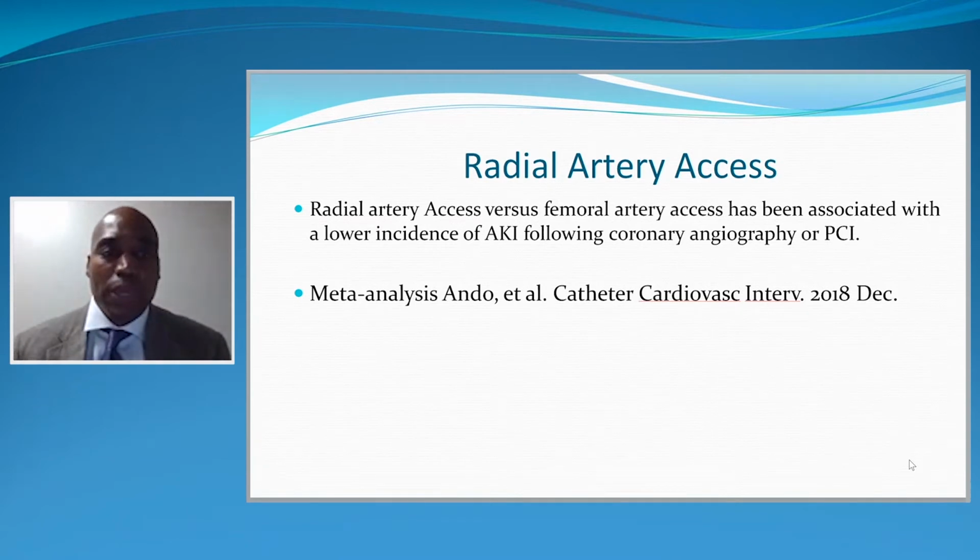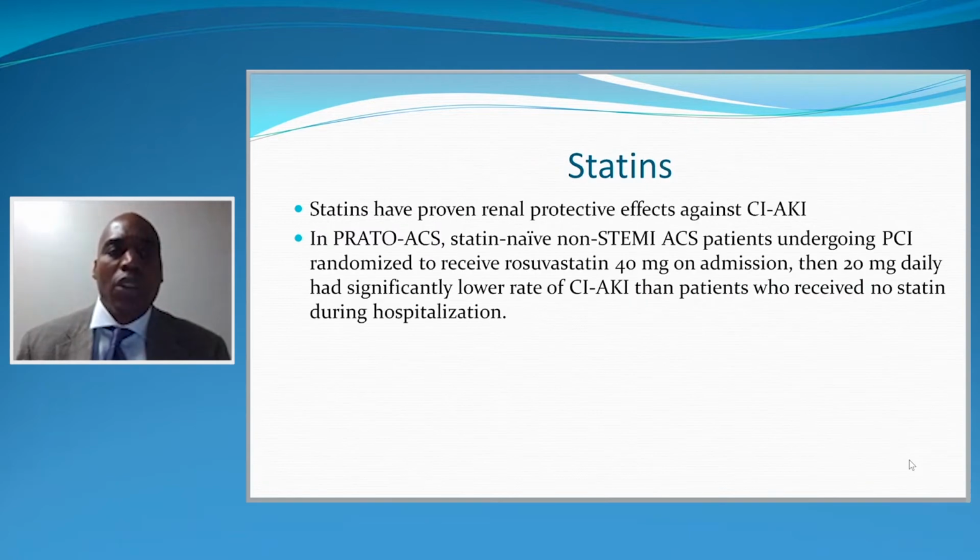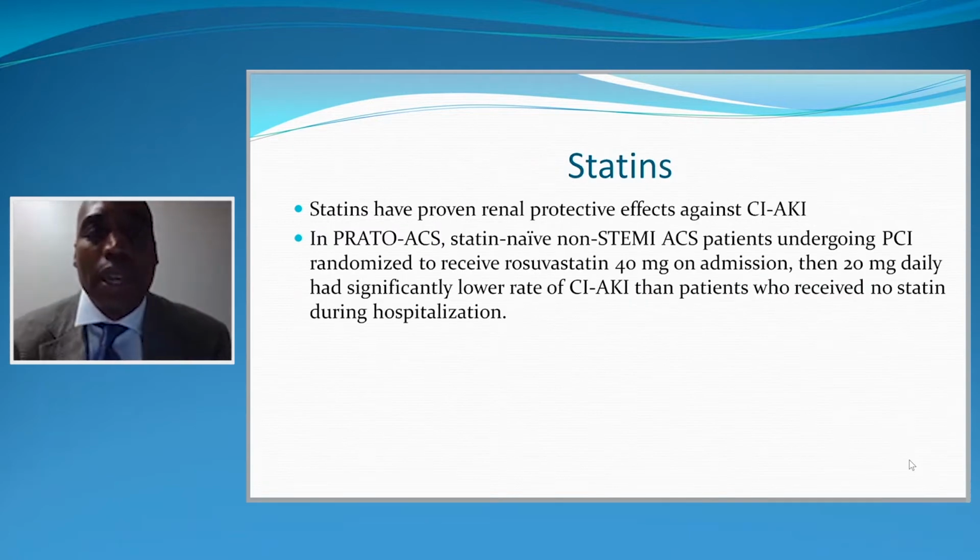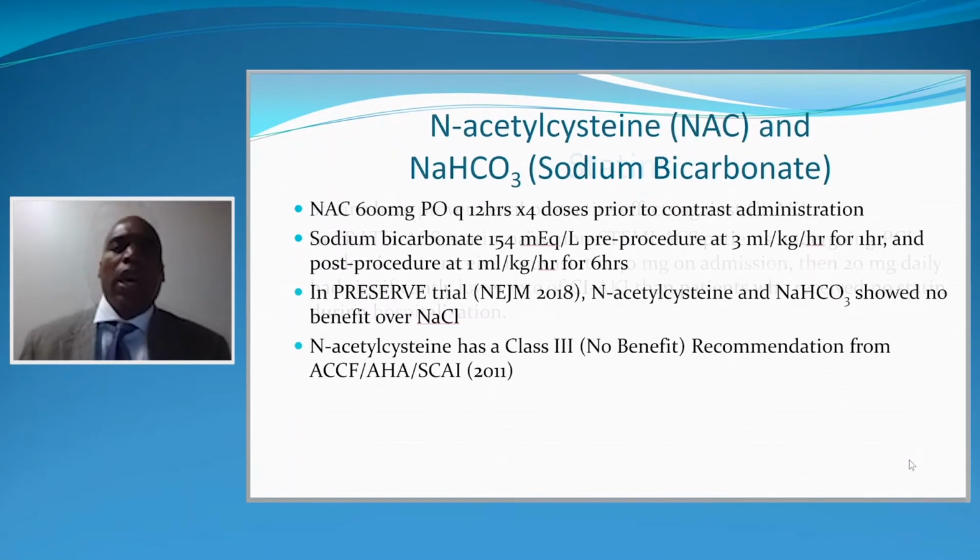So this is definitely something to keep in mind. Also, there's another study looking at the use of statins, and patients that were treated with rosuvastatin 40 milligrams followed by 20 milligram daily dose were shown to have a reduction in contrast-induced acute kidney injury.